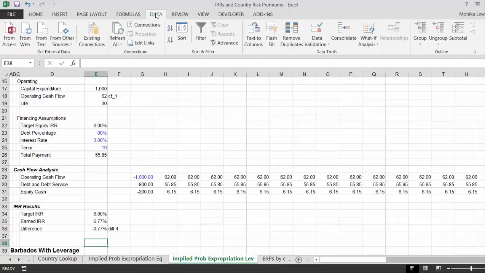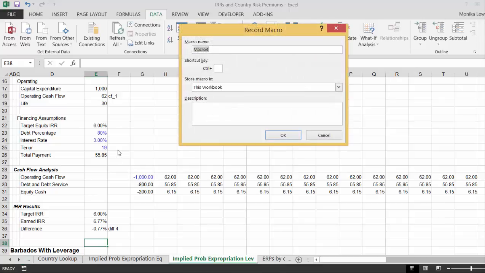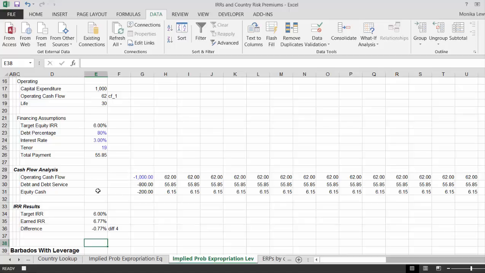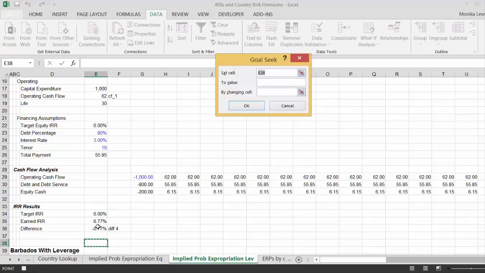Let's go to the data, what if analysis, but before we do that, I want to make a macro. It's what if analysis, goal seek, make a difference 0.